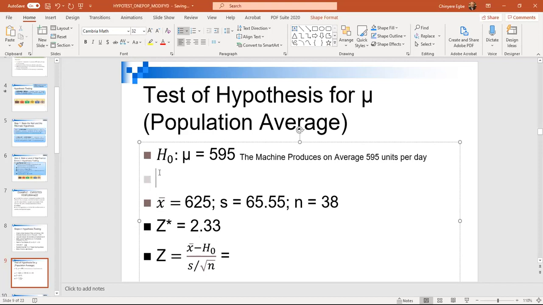The alternate hypothesis, HA, is that mu is greater than 595.